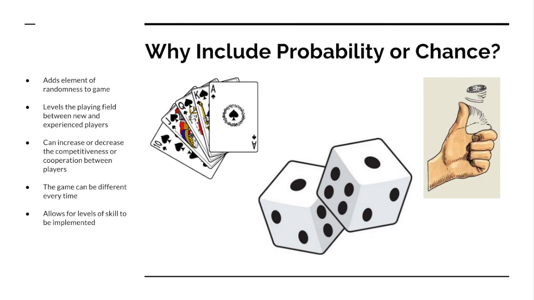So you play a game that has more chance in it. Levels of someone who has no skill versus someone who has tons of skill, it doesn't make a difference. A great example there would be like the game of craps at the casino, right? Anyone, if they have the money, can step up to the table and roll the dice. Whether you're experienced at playing craps or not, the act of rolling the dice is a chance piece.